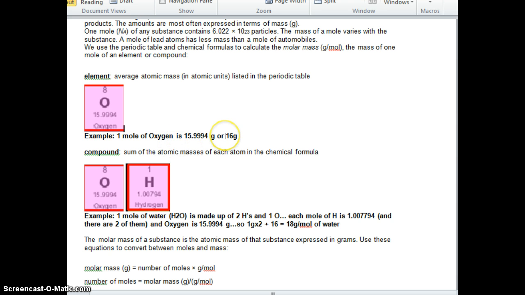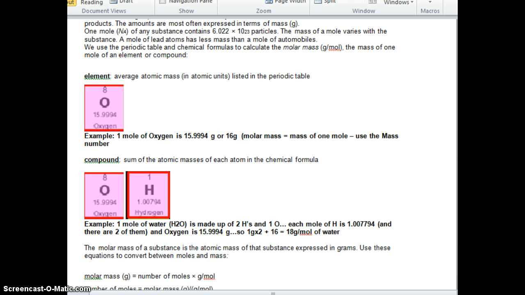So 1 mole of oxygen is 15.9994 grams or 16 grams. So the molar mass equals the mass of 1 mole. Use the mass number on the periodic table and label it as grams. Okay, that's it.